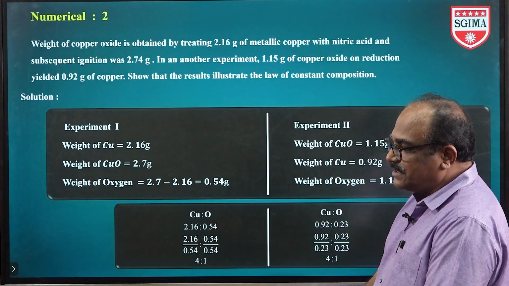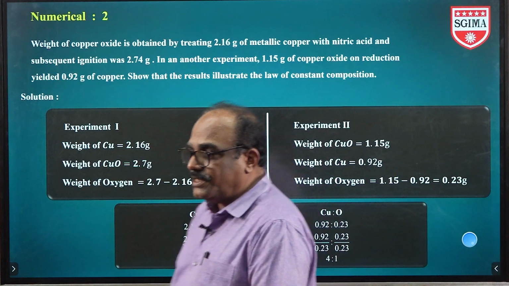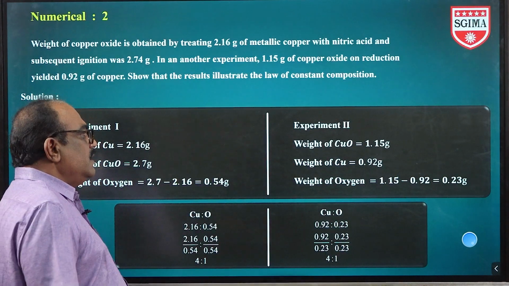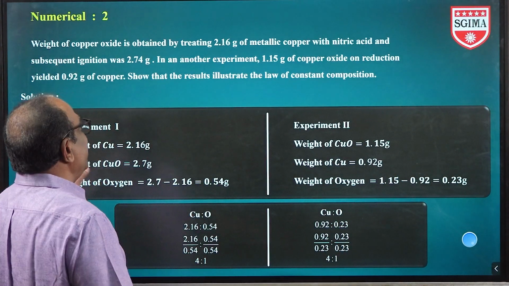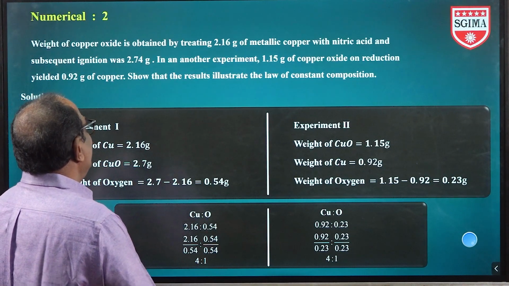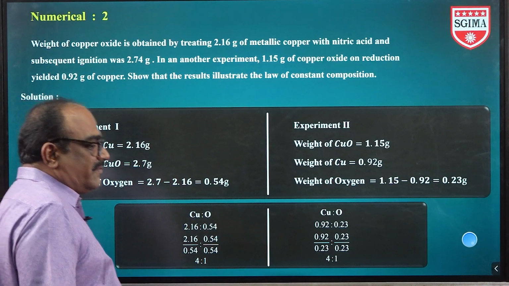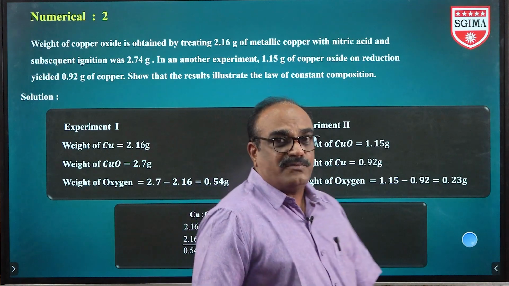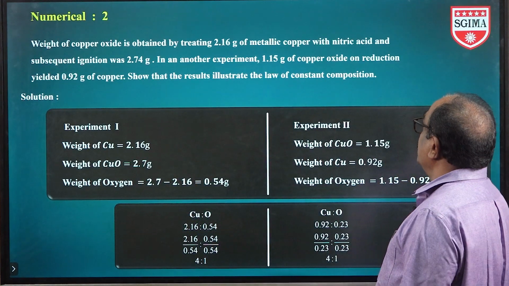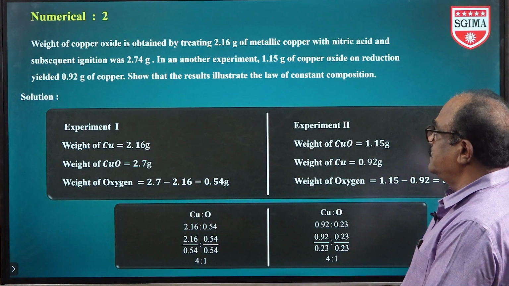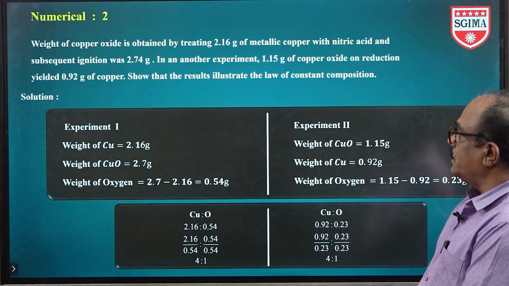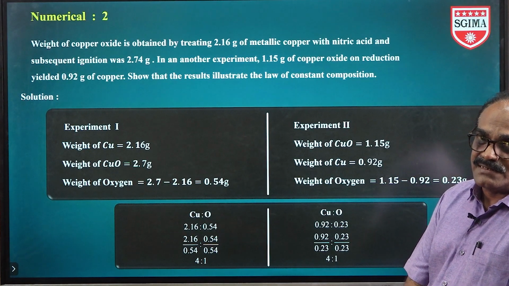Now, this is a numerical which we need to study. In all the question banks you find this type of question. The weight of copper oxide obtained by treating 2.16 grams of metallic copper with nitric acid and subsequent ignition was 2.76 grams.